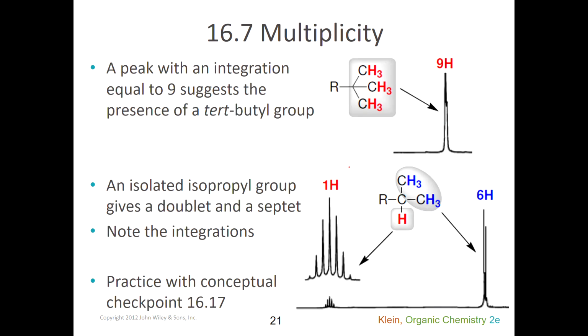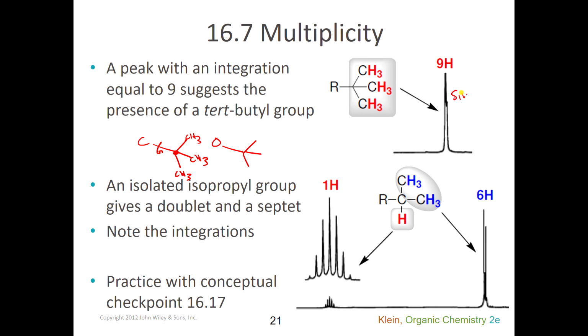So some other common patterns that you might look out for recognizing. A tert-butyl group. If I have a tert-butyl group, maybe it's bonded to an oxygen, or maybe it's bonded to a carbon. It doesn't matter. If these three hydrogens, these three and these three, are all equivalent due to free rotation, and there's no hydrogens on the neighboring carbon to split them, they shouldn't give any splitting.